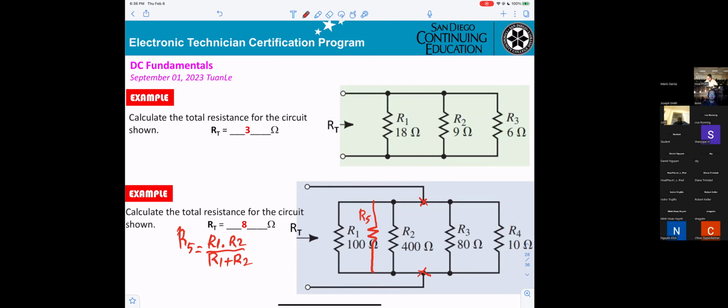That I call R6. R6 equals R3 times R4 divided by R3 plus R4.